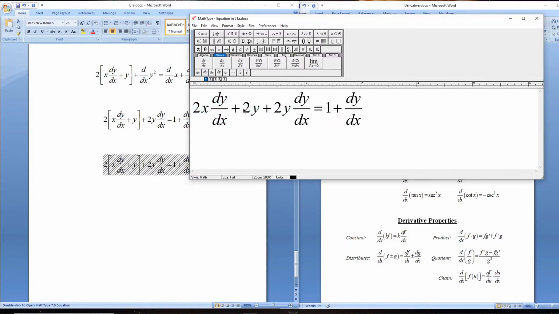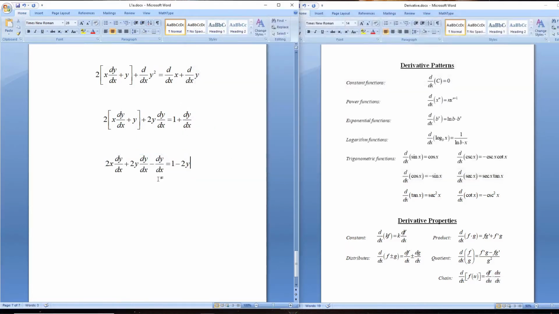And this 2y, let's move it to the right side to make it negative. And this dy dx right here, let's move it to the left side, which will make it negative on the left side there. Whoops. And there we go. We've isolated all the dy dx's on one side and all the other junk on the other side.